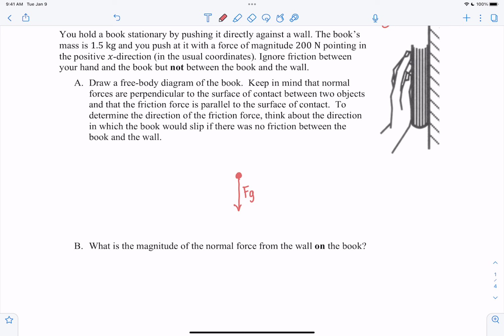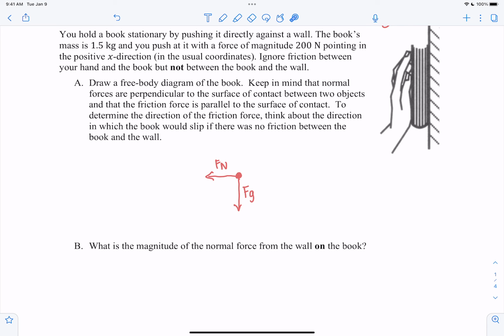Yep, absolutely. So we're going to have a normal force, and that's going to be pointing perpendicular to the surface of contact, because the surface of contact is the wall here. So perpendicular would mean making a right angle with it. So there's normal. What else?